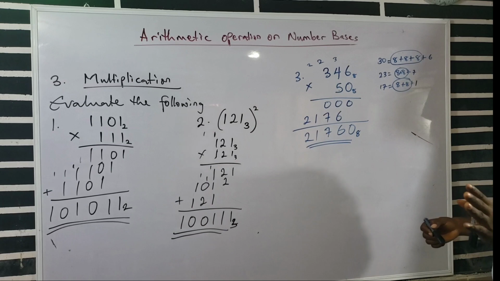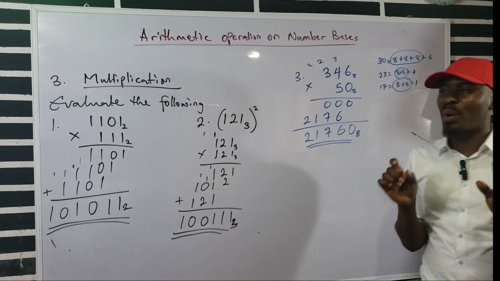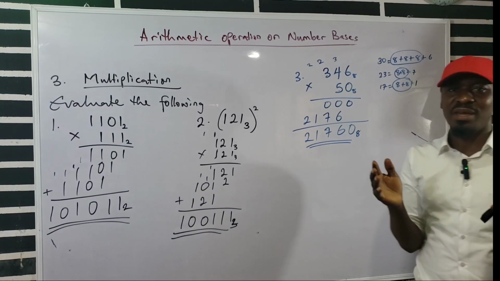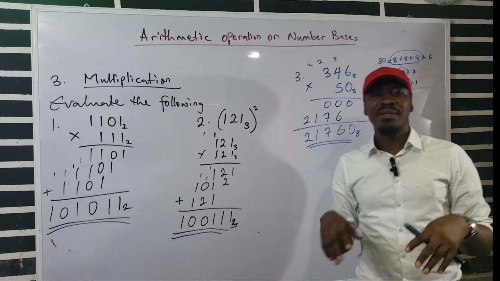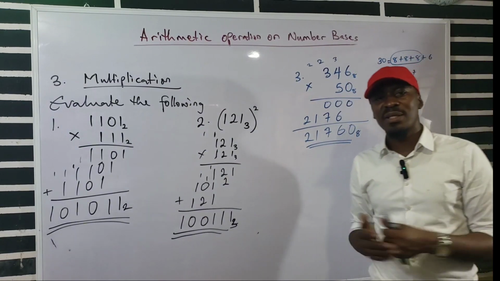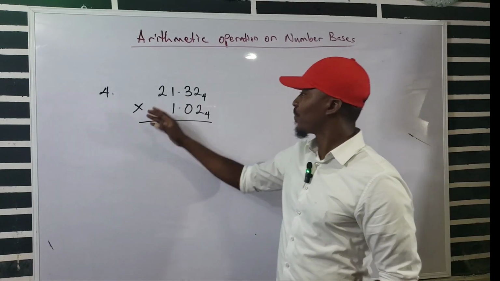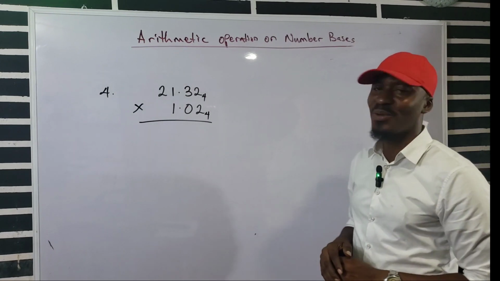So before we move to division, let us look at one more multiplication example. That example is going to have a decimal number. Okay, so numbers that are in fraction multiplied by another fraction. So let us see what we are going to do there. Our fourth example, we have a number in base 4, but this number is a fractional number.